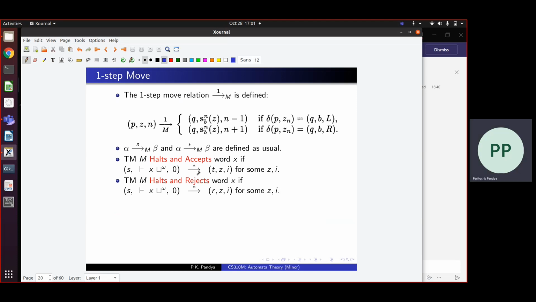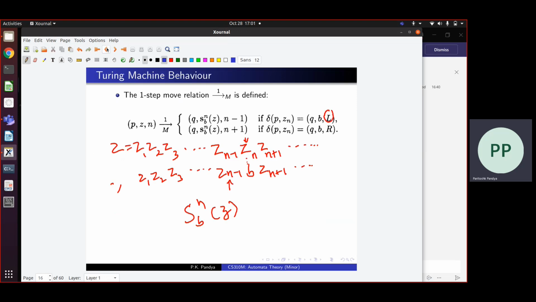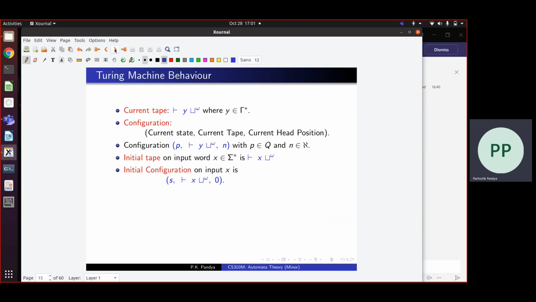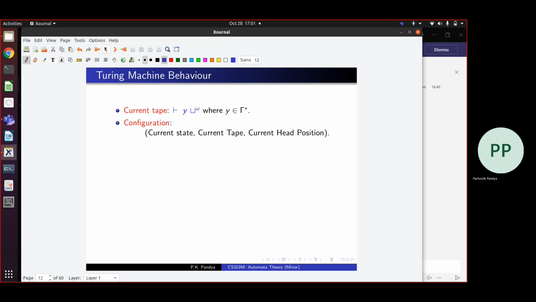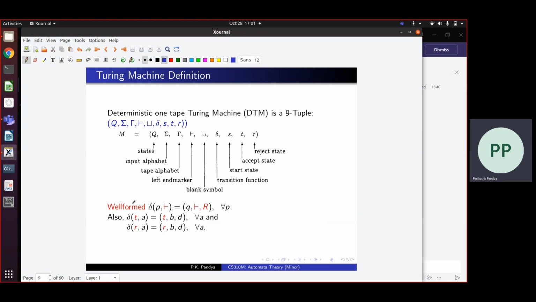There are some additional possibilities. One is that the Turing machine is looking at the left-hand marker, and we have a rule which says move to the left, but there is no cell to the left to move to. So such moves are illegal for Turing machines. To avoid illegal moves, we will have conditions which look like this.